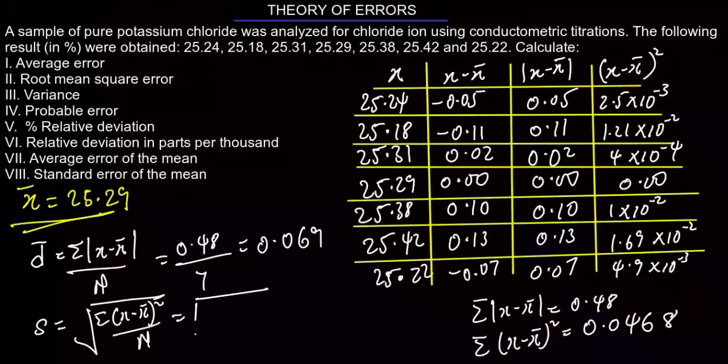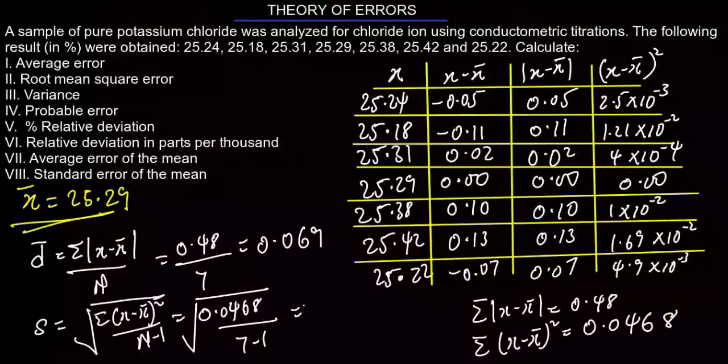And that gives me square root of, what's my summation x minus x bar square? That's 0.0468 divided by N, which is 7. So what would this give me? Square root of 0.0468 divided by 7. Remember, this is minus 1 because our data is less than 30.